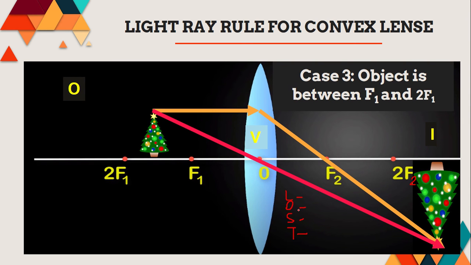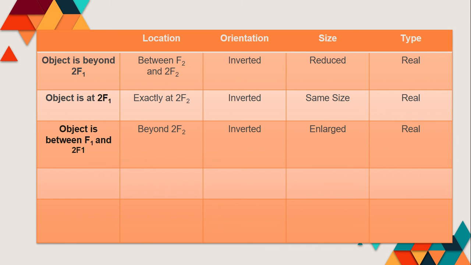Real pa din kasi ang kanyang orientation ay inverted. So, sa ating table, ganito ang kanyang itsura. So, ang object natin ay between F1 and 2F1. So, beyond 2F2, ang kanyang location, orientation niya ay naka-invert, then enlarge, then real.